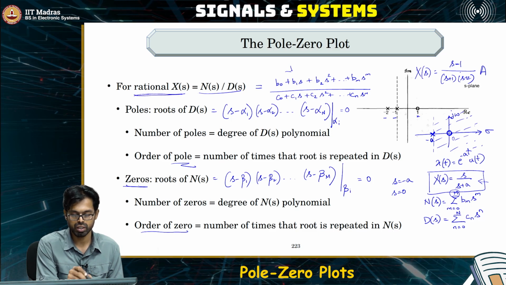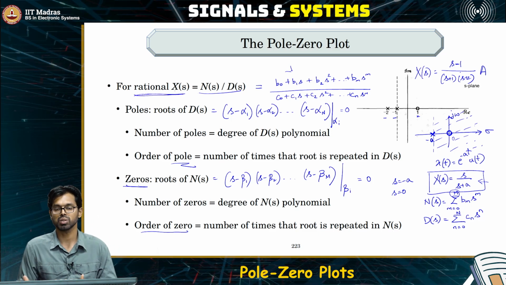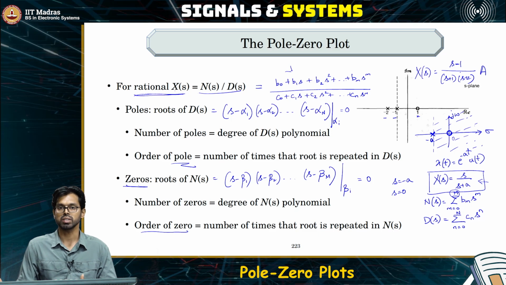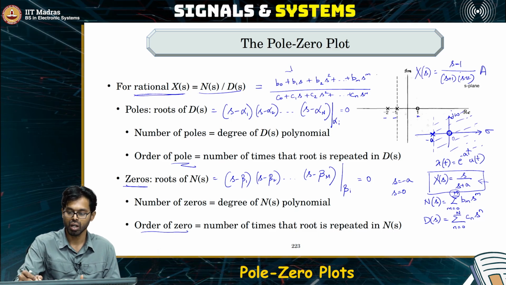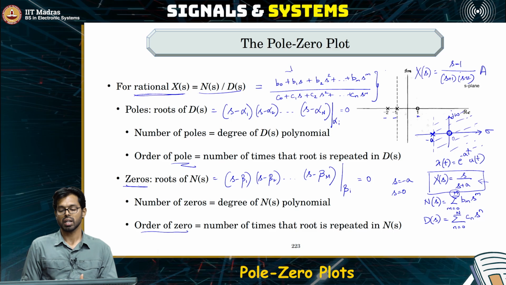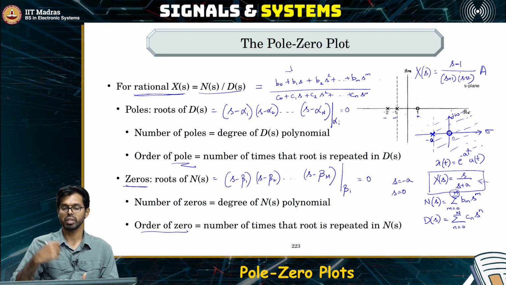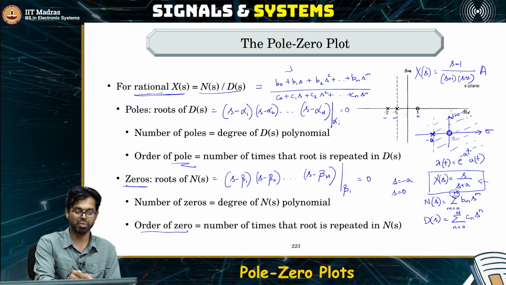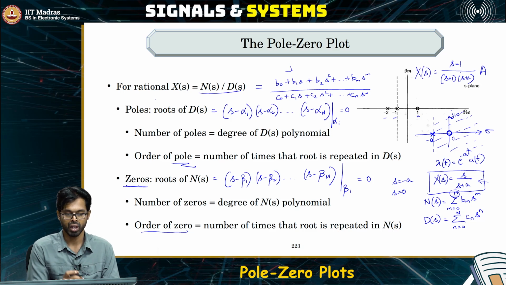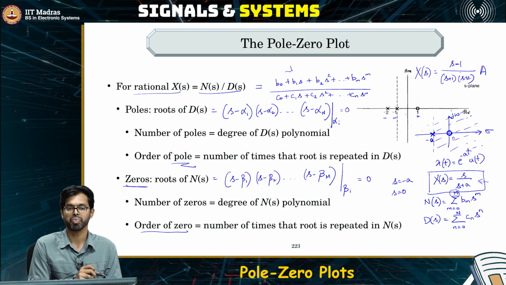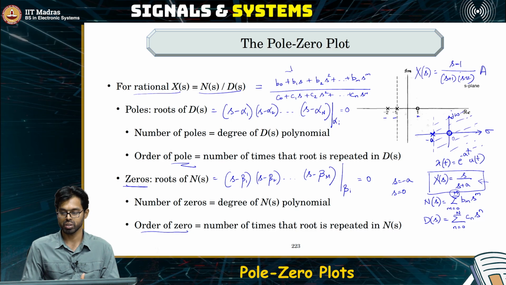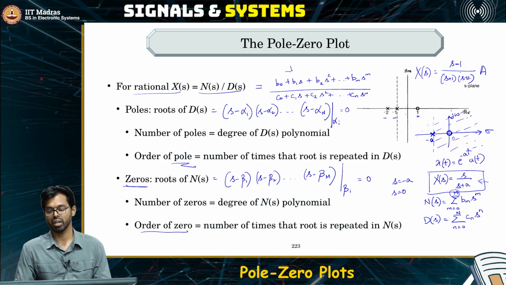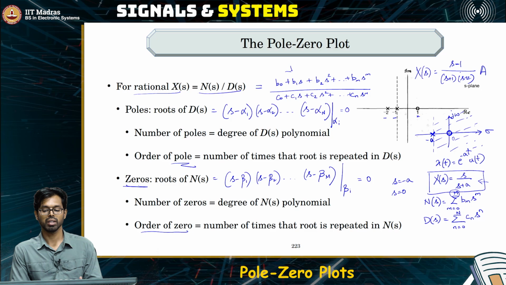And we are focused on this because we saw that circuits could be modeled using ordinary differential equations, and ordinary differential equations could eventually be expressed as these rational forms when we compute the transforms. Hence we focus on rational Laplace transforms, and a rational Laplace transform can be fully defined by the pole-zero plot. So this is a very simplified way of representing the Laplace transform pictorially.